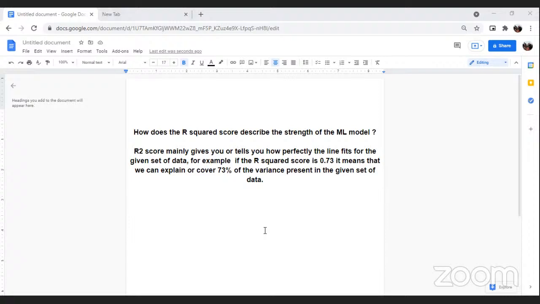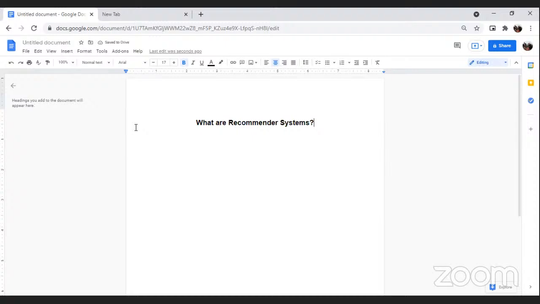Okay, let's go quickly to one last question for this session. What are recommender systems?